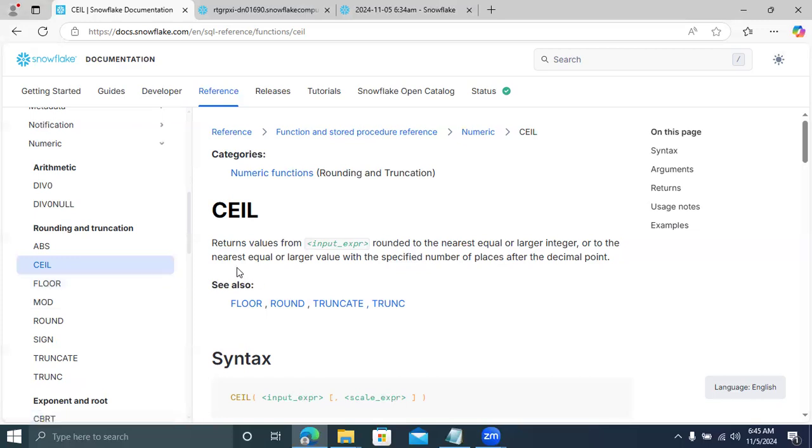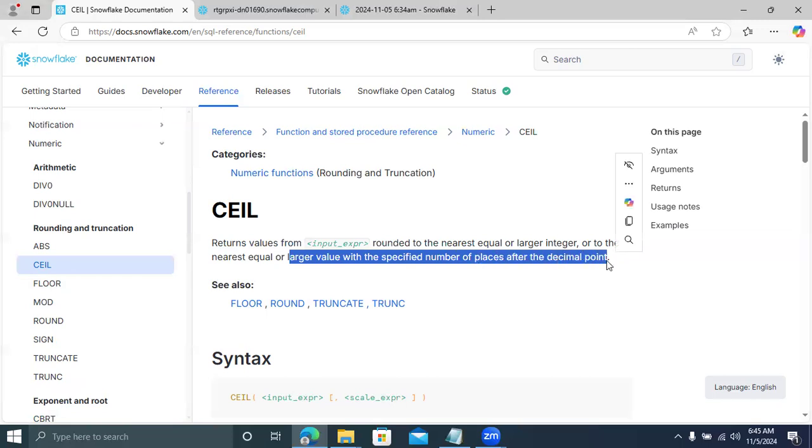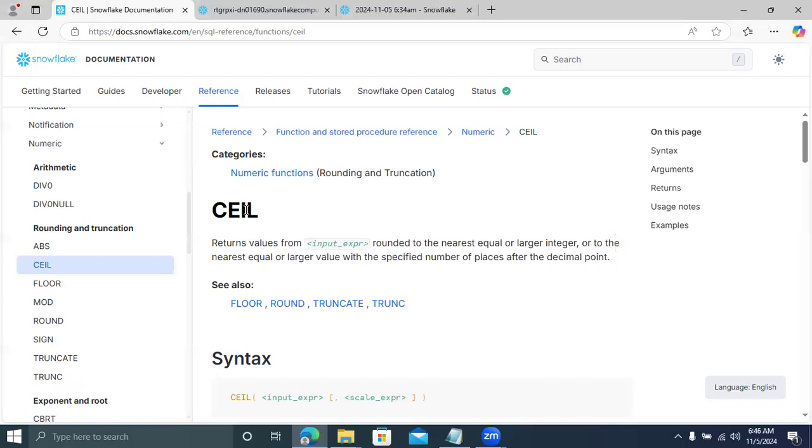It will take the nearest equal or largest value up to a specific number of places after the decimal point. After the decimal point, if you give any scale value, it will go to the nearest equal or larger values. Ceil comes under the rounding functions.